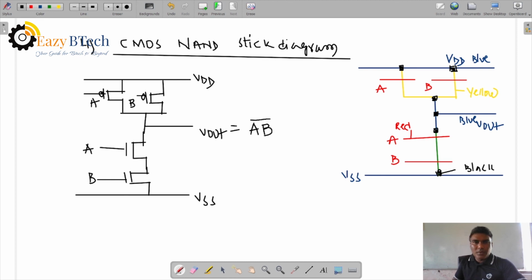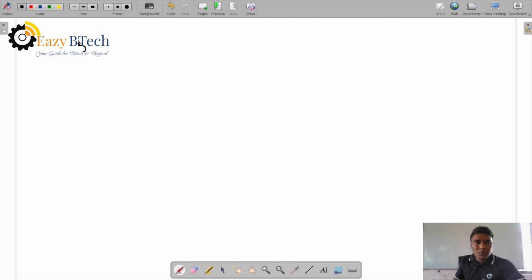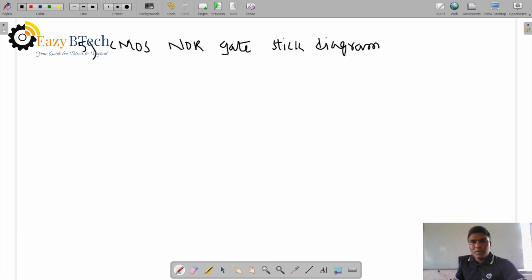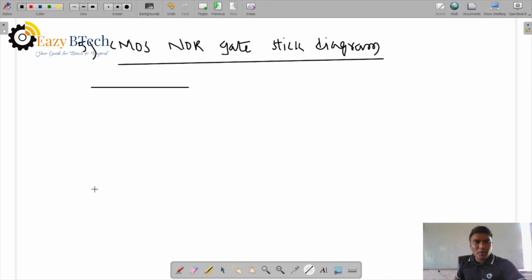That is the last one. You can see the fifth one. CMOS NOR gate. CMOS NOR gate stick diagram. We'll finish this one. So a CMOS NOR gate means (A plus B) complement.